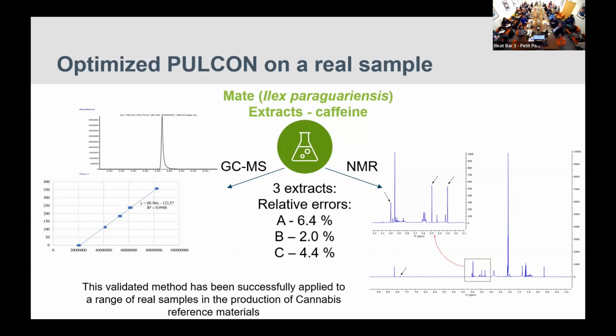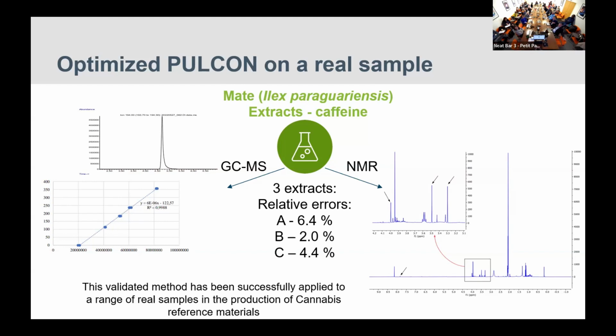GCMS used standard addition because we wanted to measure in the exact same sample without any question whether this measurement was valid or not. We compared it to NMR and find pretty good results, especially considering that this is a vegetable extract with relatively small concentration.